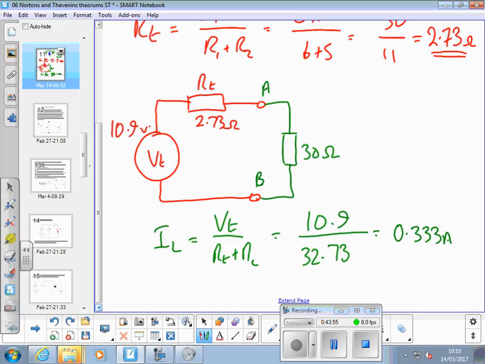And does that match with what I'm, the current by 3? Yeah. 0.1 of an amp different, depending on how clear.